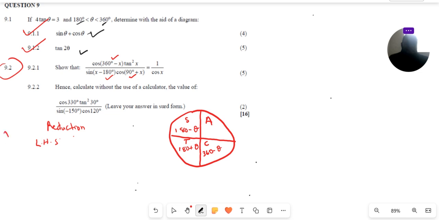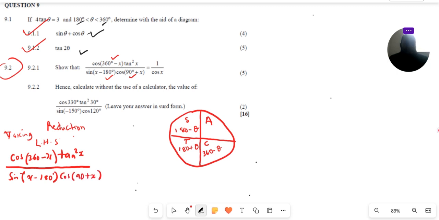Taking the left-hand side, it is all about cos of 360 degrees minus x, then tan squared of x, divided by sine of x minus 180 degrees, then cos of 90 plus x. They want us to get 1 over cos.